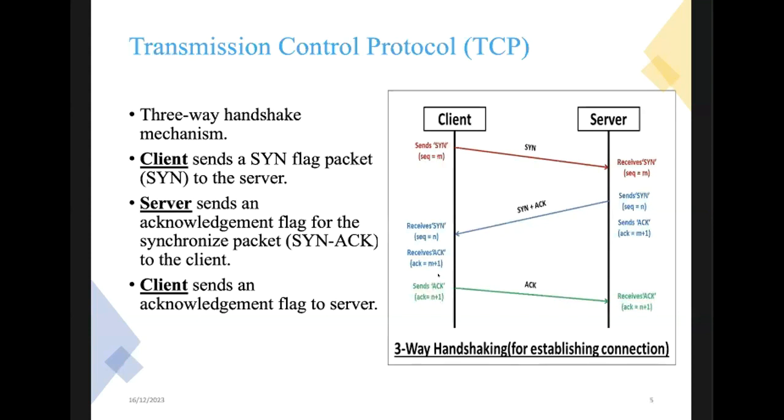Finally, the client sends an acknowledgement to the server confirming receiving its previous message, and the connection is now established. This is the three-way handshake used in each communication between client and server using the TCP protocol.